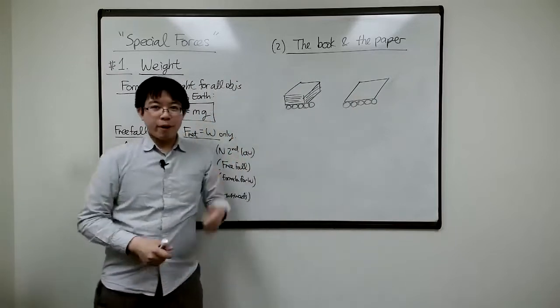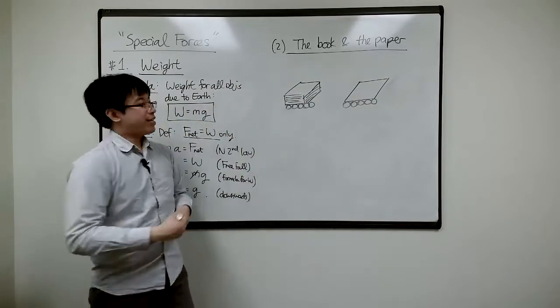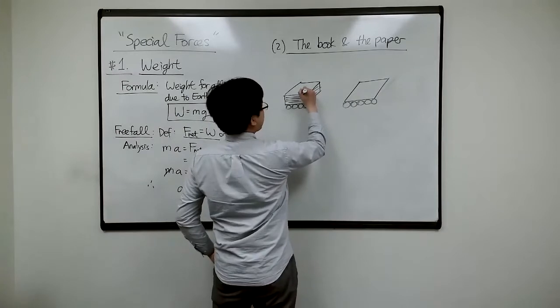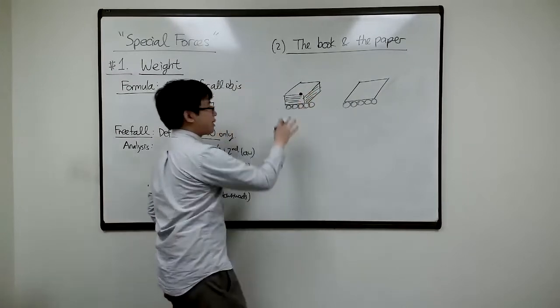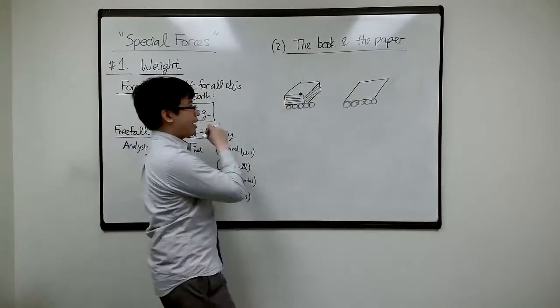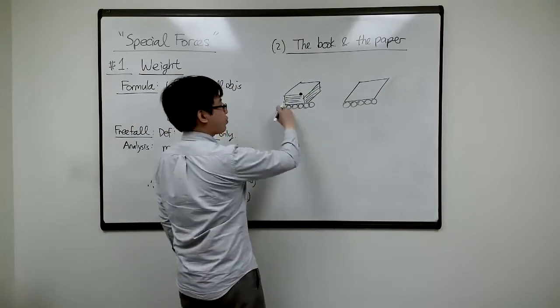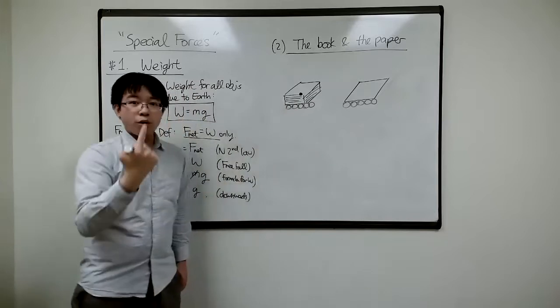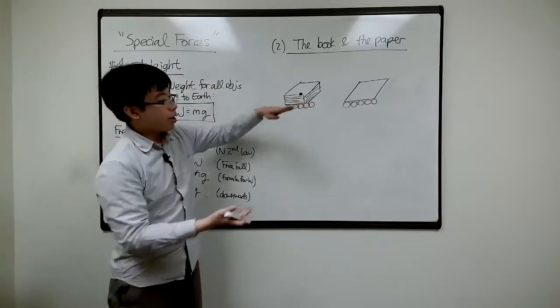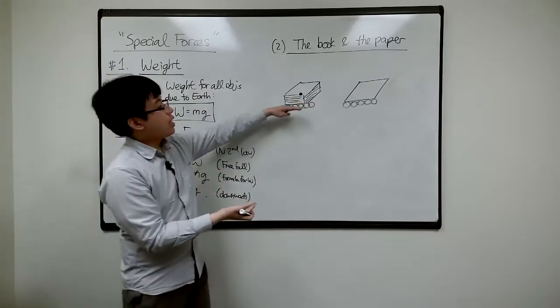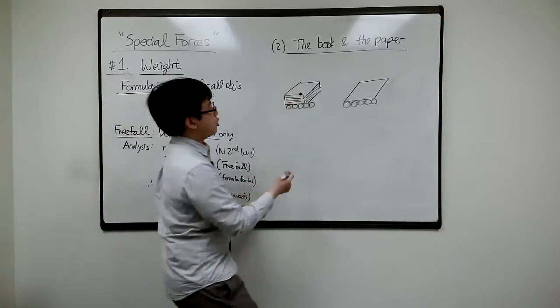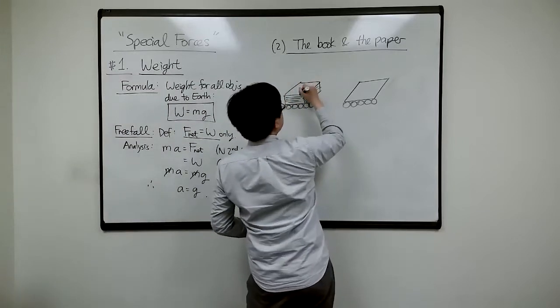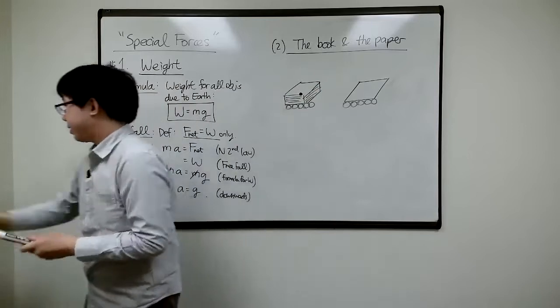So can you draw a free body diagram on both of them? Well, yes, I know how to do that. First, I need to draw my contact forces, right? I draw the center of mass of the object, and then the contact forces, well, it's contacting these air particles. So each little air particle will produce a normal force, and it's contacting the bottom surface, right? So it will produce a normal force upwards, but it's a tiny normal force. Let me use a different color.